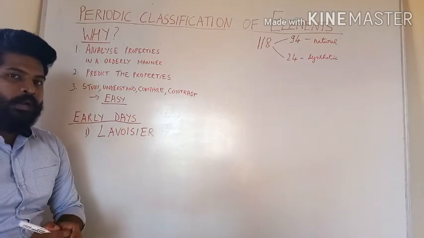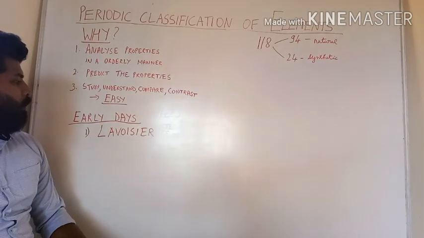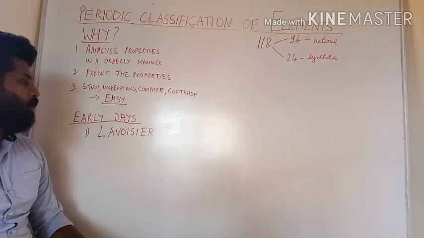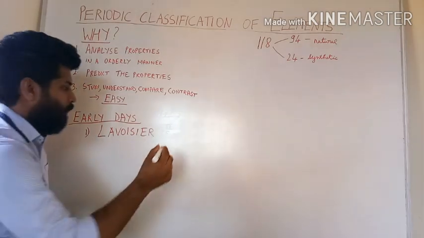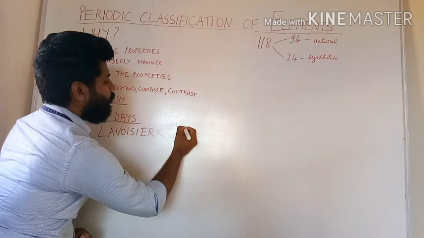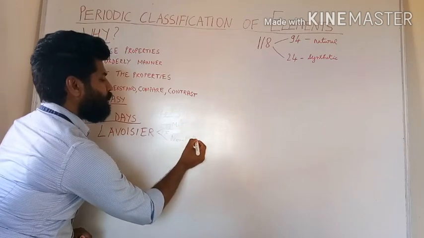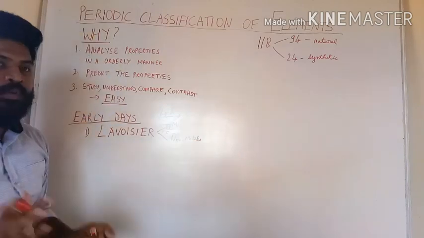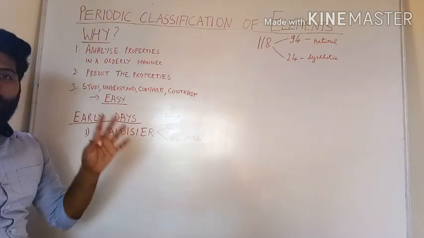You would have heard this name in class 9th, Lavoisier, in the laws of chemical combination. So Lavoisier, he classified all the known elements into metals and non-metals. This was the first attempt of trying to achieve order from chaos.